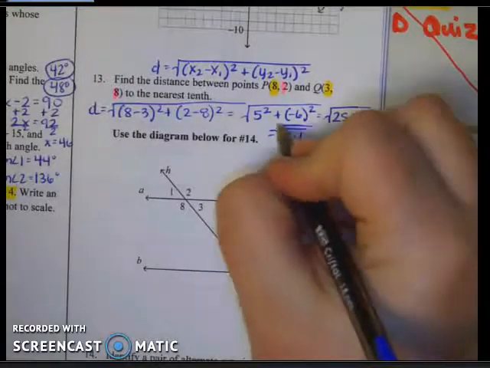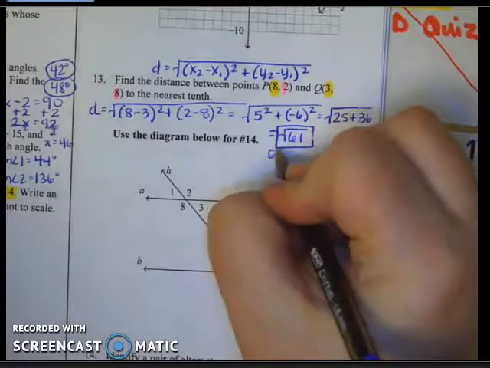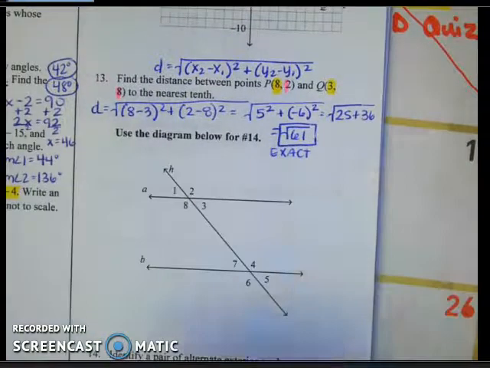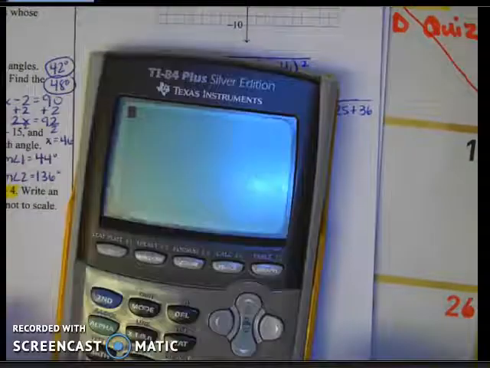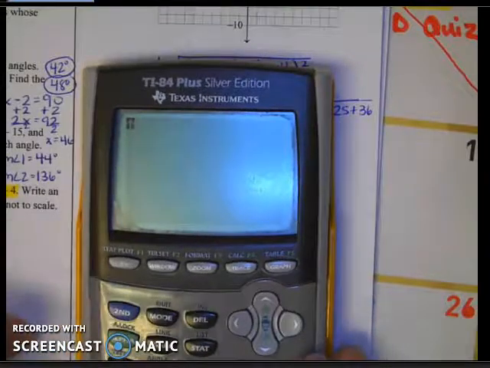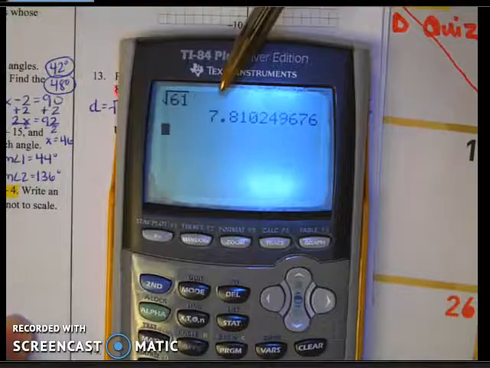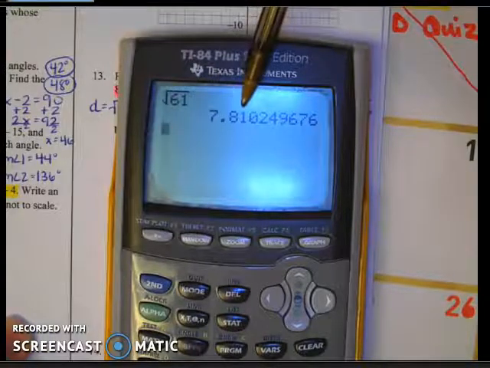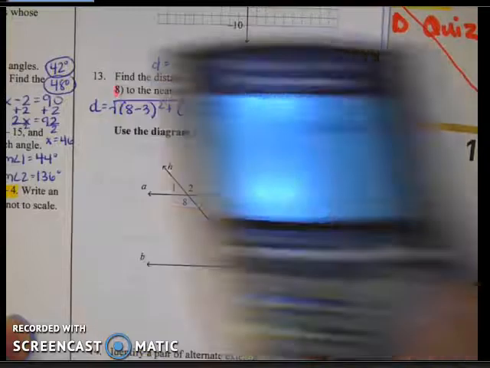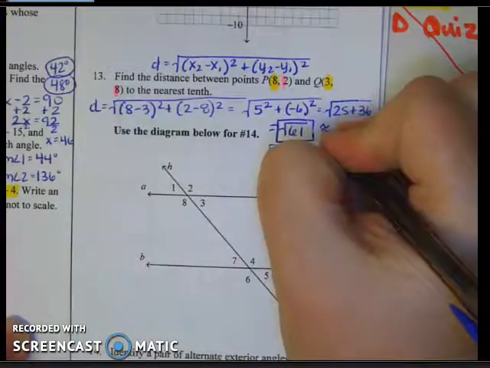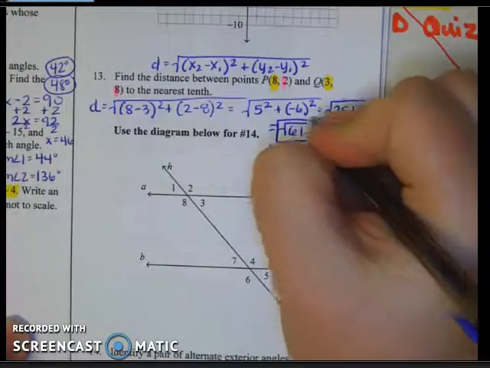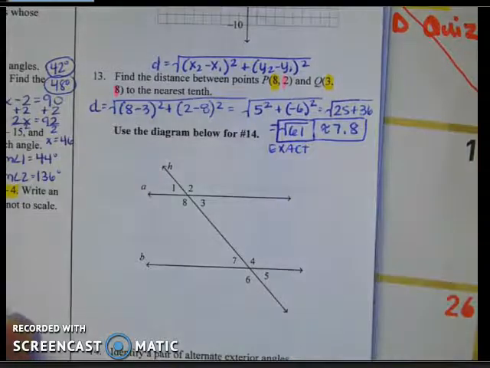So square root of 61 would be our exact answer. But if I type this in on a calculator, square root of 61 to the nearest tenth, we look one beyond it, 7.8. So approximately 7.8. Add that to our answer.